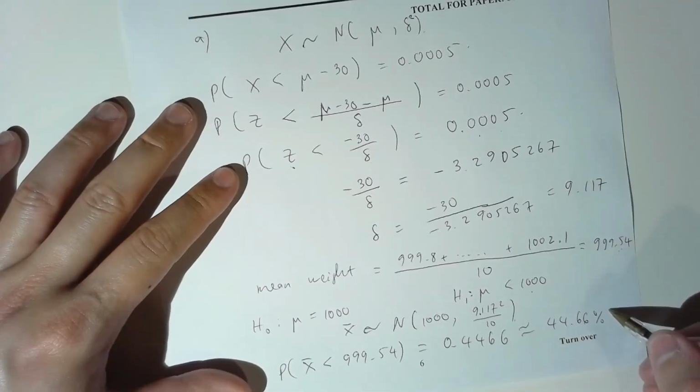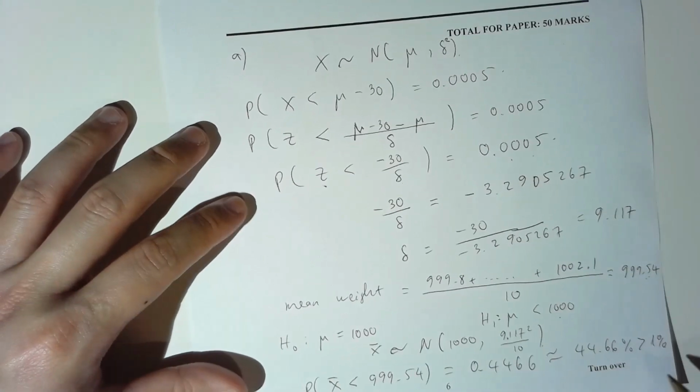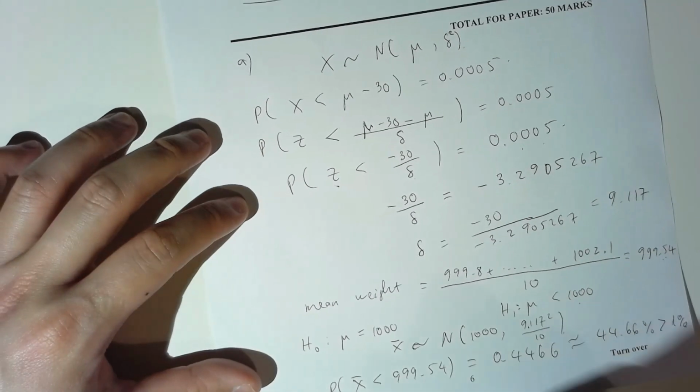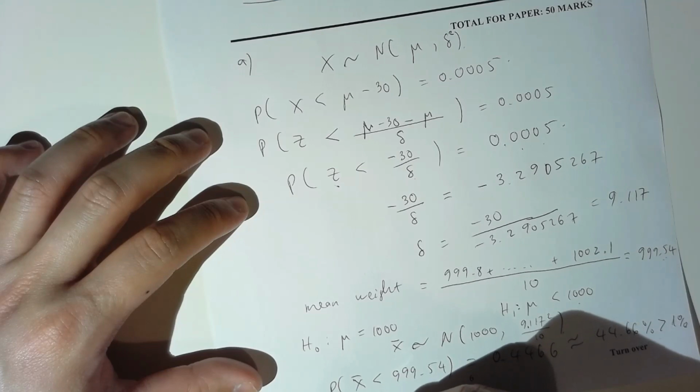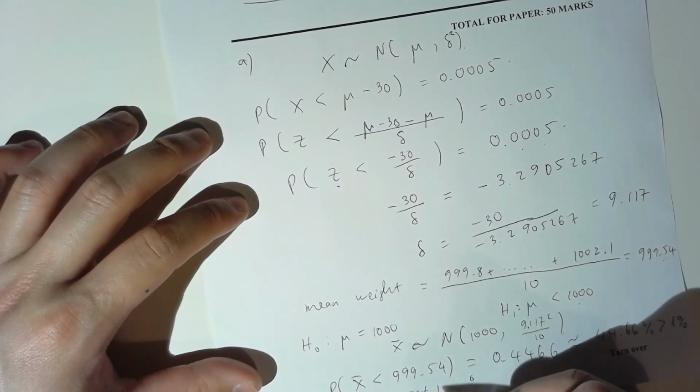That means it is way bigger than that, so it is outside the critical region. That means you do not reject H0.